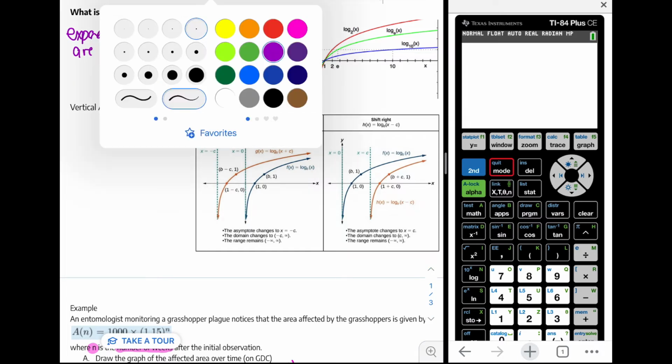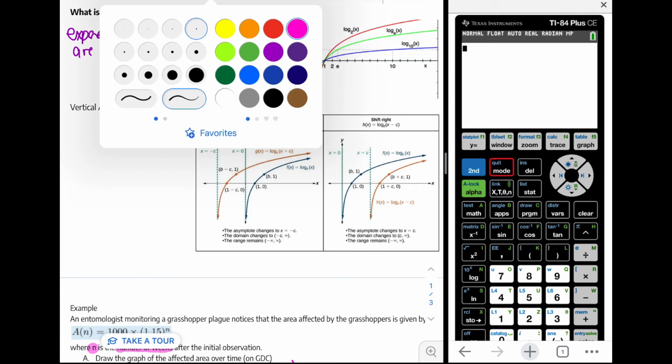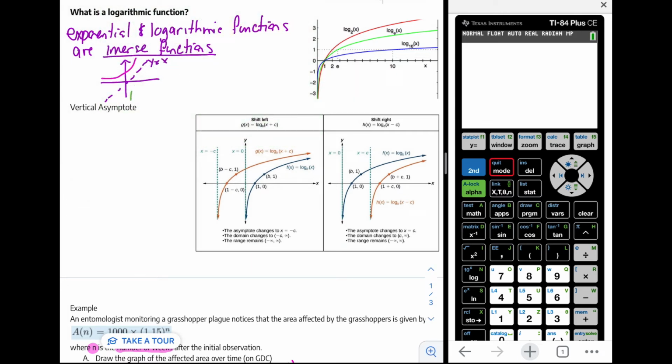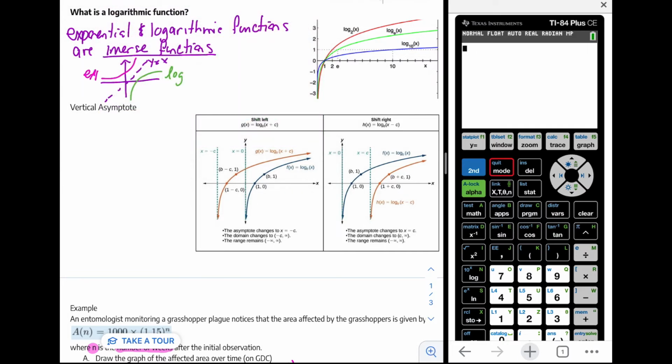If I have an exponential function, which looks something like this, where we have a horizontal asymptote, well, the reflection will be the logarithmic function, and it's going to look something like this. This is our log function, and this is our exponential function. And you'll notice that the logarithmic function, instead of having a horizontal asymptote, has a vertical asymptote.